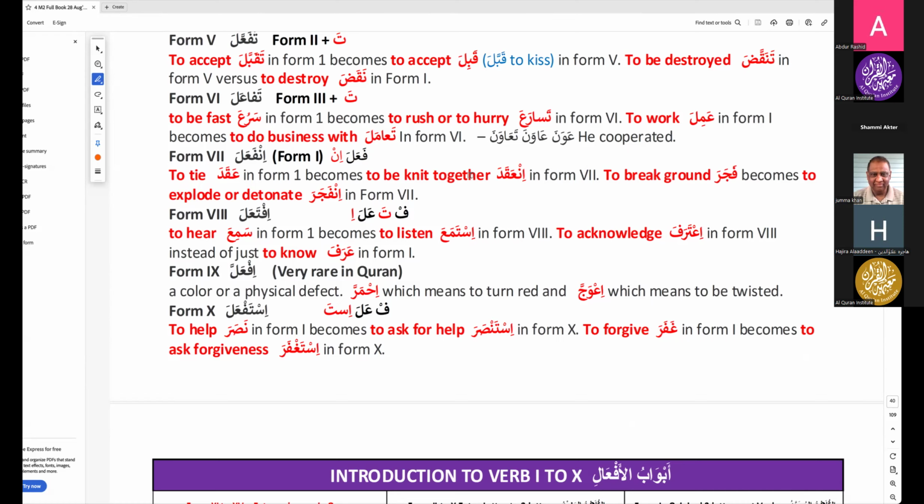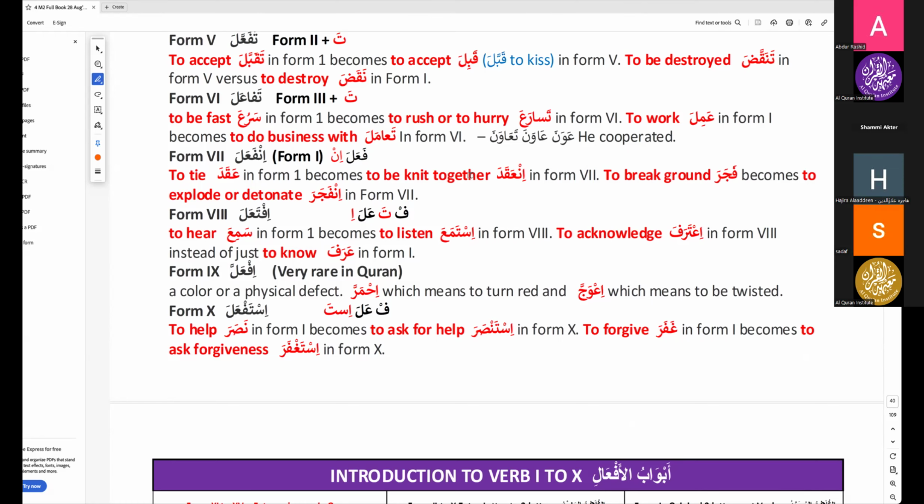Who else? Sister Sada. Yes. Madi Mudari Amr Nahi, Fa'il Maful Masdar, Madi Majhul Mudari Majhul. Good. Who else left, please? I can go.